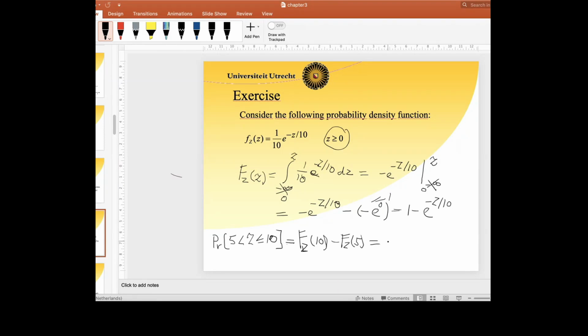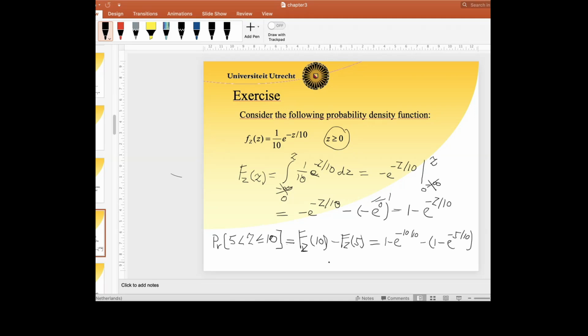So that is 1 minus e to the power of minus 10 over 10, minus 1 minus e to the power of minus 5 over 10.